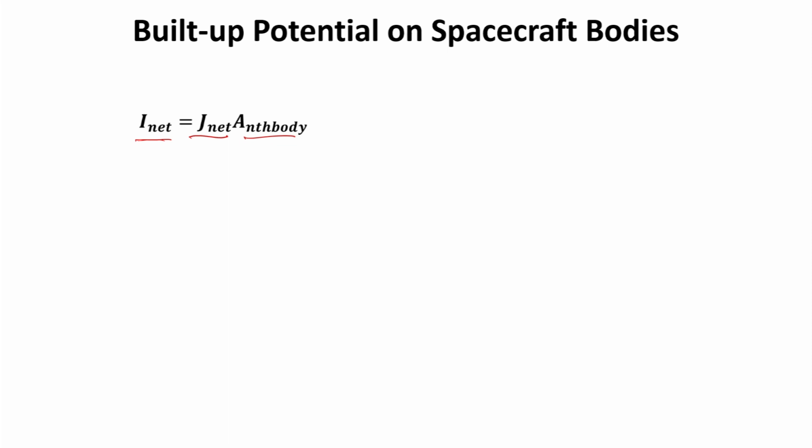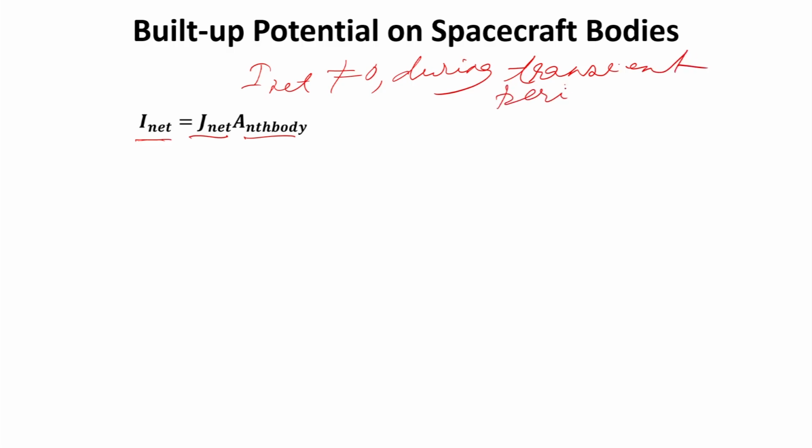So, I net is during the transient period when the spacecraft is developing the potential. So, where from can I get the I net?